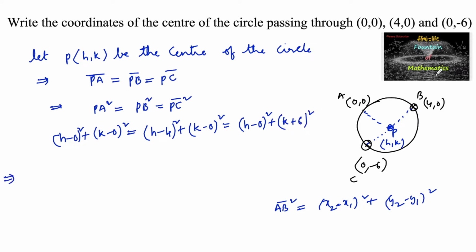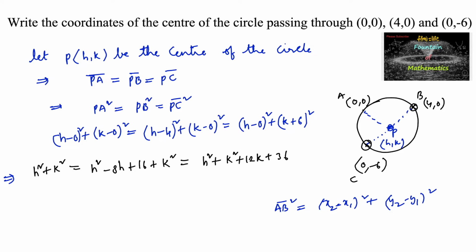So which implies that H square plus K square is equal to H square minus 8H plus 16 plus K square is equal to H square plus K square plus 12K plus 36.